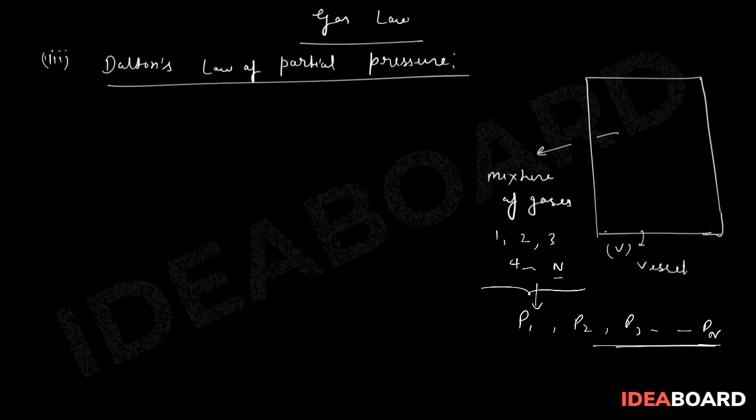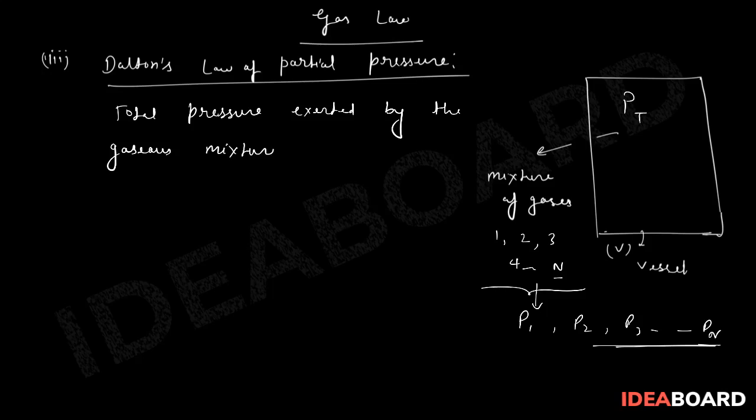So total pressure, let's say total pressure exerted by the gaseous mixture is given by P total is equal to P1 plus P2 plus P3 up to Pn, or summation i is equal to 1 to n Pi.